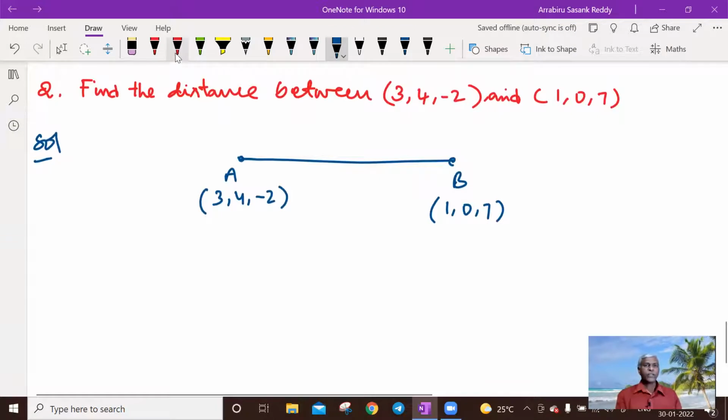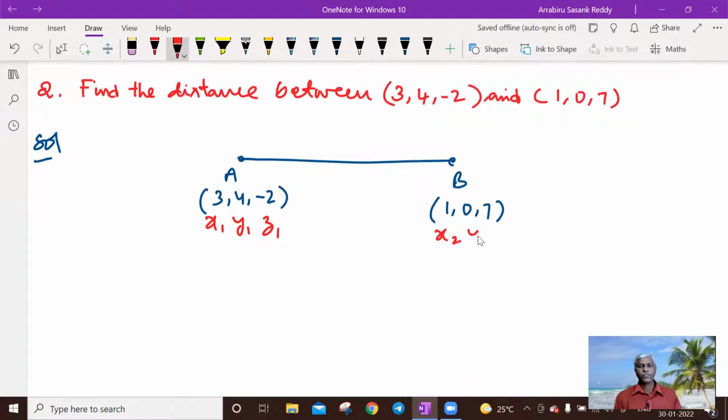So when 2 points are given, the first point is x1, y1, z1. Second point x2, y2, z2.